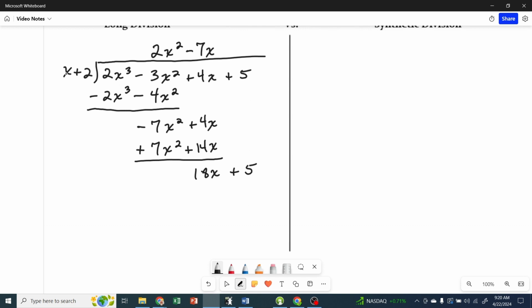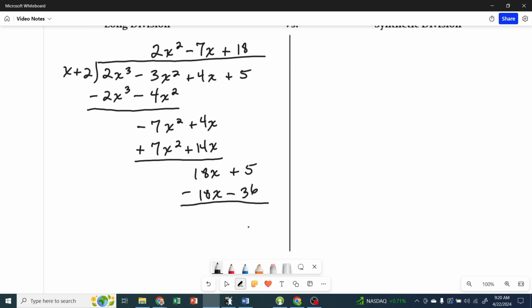So now we're going to multiply. This goes in plus 18 times, right? So this is negative 18x. 18 times 2 is 36. Change the sign to negative 36.